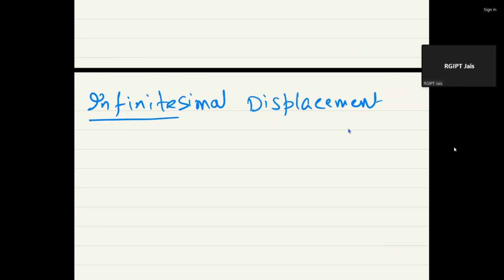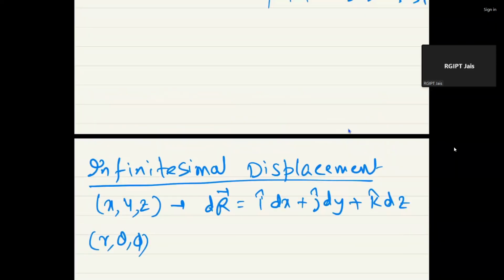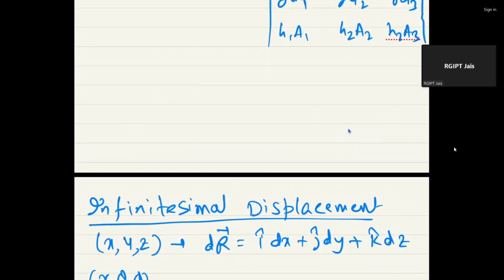In the Cartesian x, y, z system, the infinitesimal displacement we write as dr, which is basically i cap dx plus j cap dy plus k cap dz. Let me start with the unit vectors, then it will be much clearer.